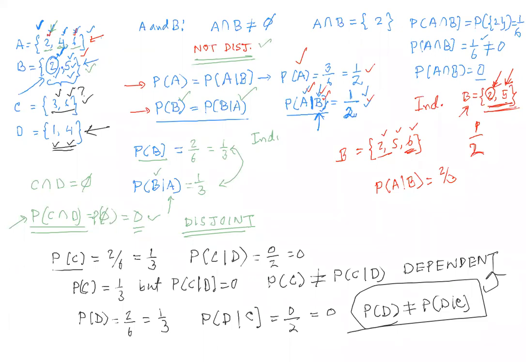An event could be disjoint and not be independent, like the second example, C and D. On the other hand, two events can be not disjoint and still be independent, like A and B. So basically, you want to make sure that you are following the definition properly. Then you'll not go wrong.